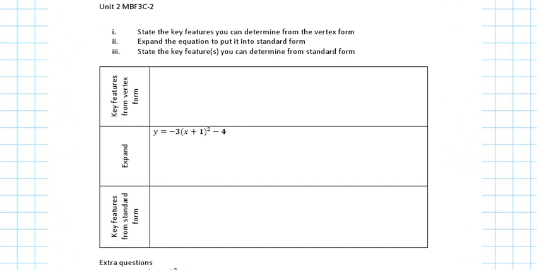So first, what can I find from the vertex form? Then I want to expand, and I want to state what information I can find from the standard form. So the equation is negative 3 (x plus 1) squared minus 4. What key feature can you find from that?